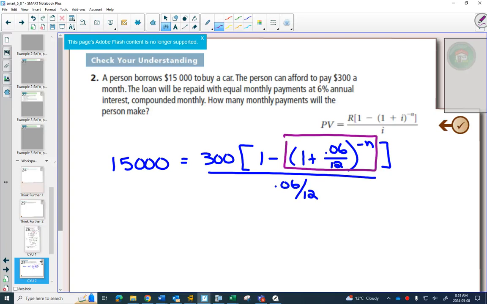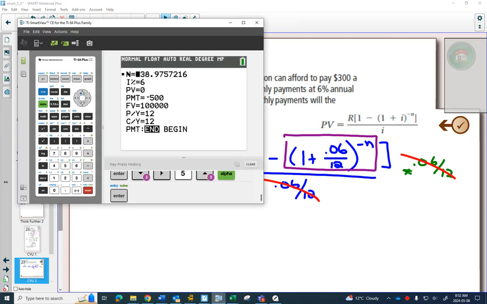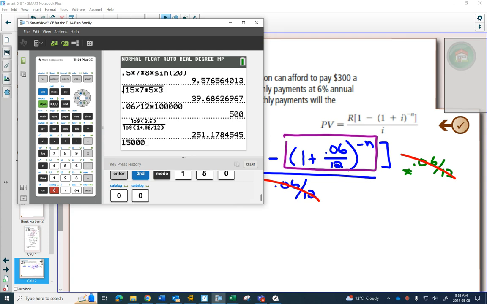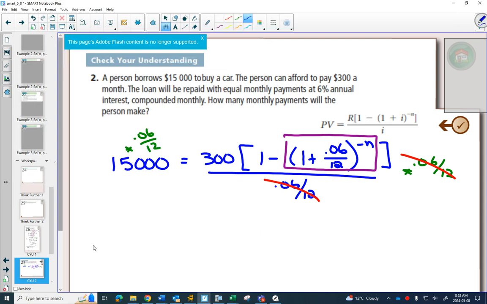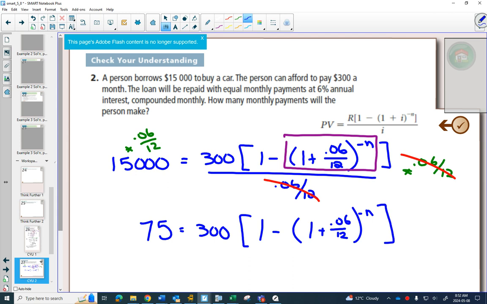Absolutely. First thing I would do is multiply both sides by 0.06 over 12, because that'll get rid of that part. Go to my calculator. And I get 75. Next, divide both sides by 300.